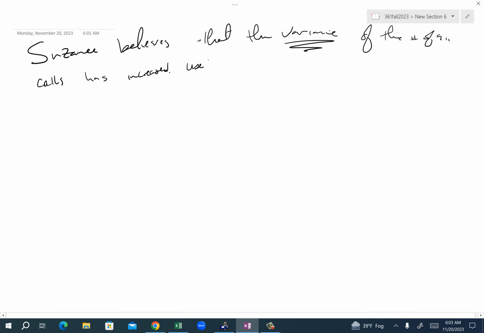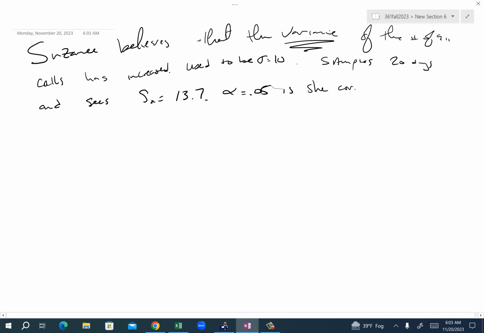It used to be 10. So she samples 20 days or shifts or whatever. We're just going to go with days, I guess. And she sees Sx equals 13.7. Let's use alpha 0.05. Is she correct? I don't know. Let's find out.